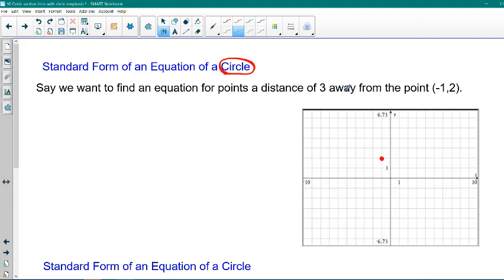But think about it, everything that's 3 away from the point -1, 2 is going to be a circle. So we would go up 3, 1, 2, 3, down 3, right 3, left 3, to be able to kind of visualize what we're finding here.